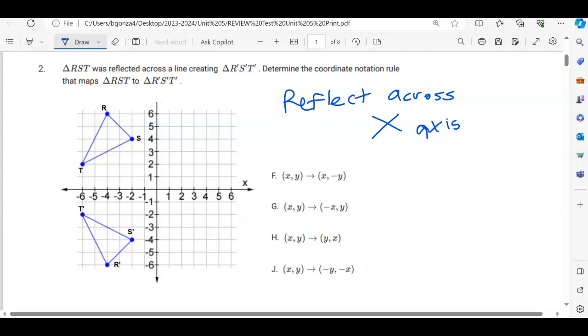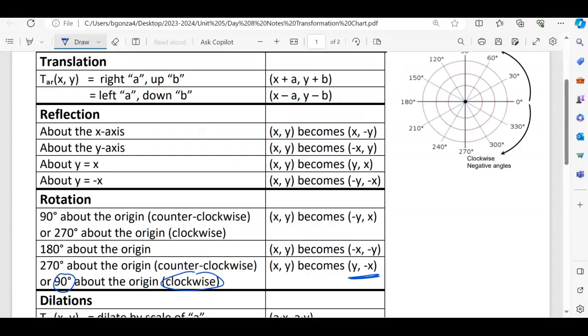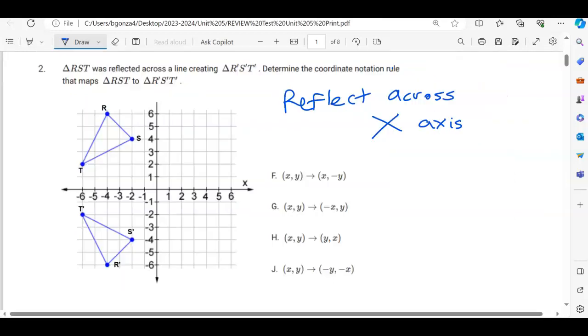Okay, and so what is the rule to reflect across the x-axis? So we go over here, reflect across the x-axis is going to be x, negative y. So it's going to be F.